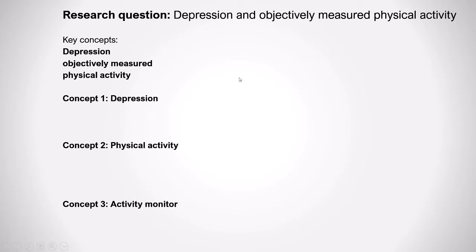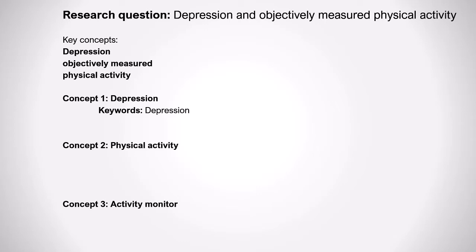So what you want to do, and I usually do this in a Word document and save it so I can go back to it if it needs to be replicated in the future, is for each concept, think of as many keywords as possible that could be related to that concept.